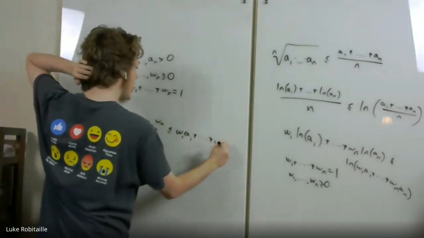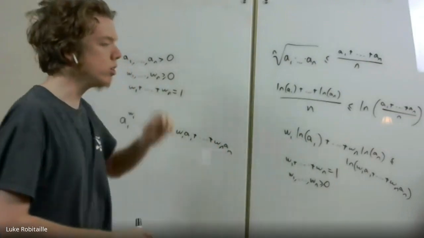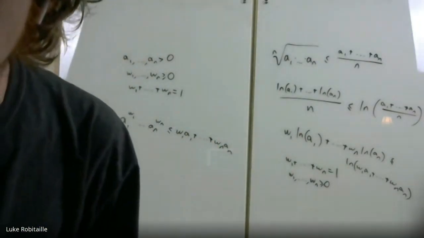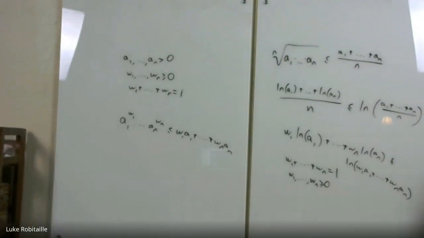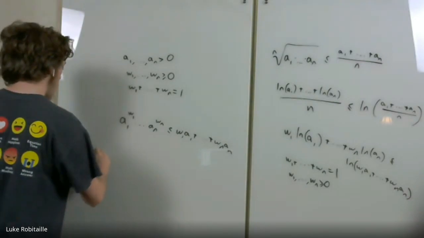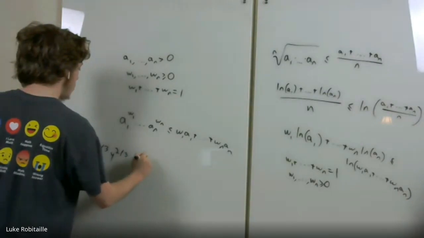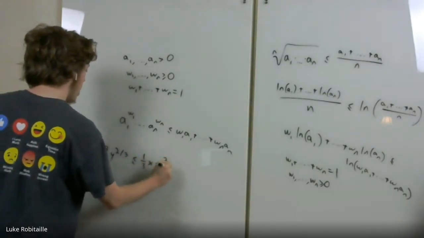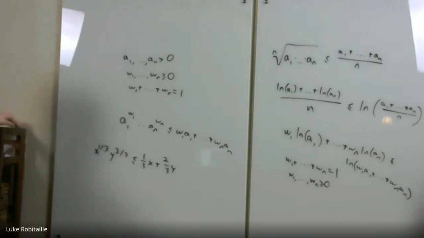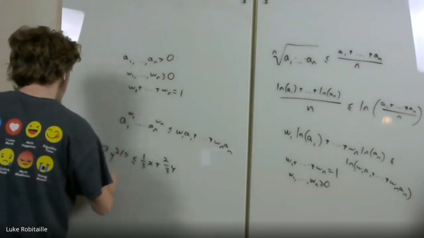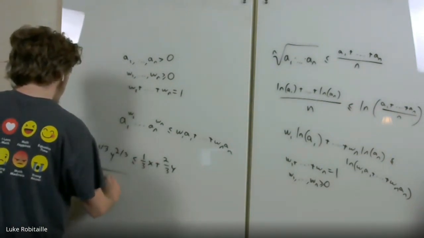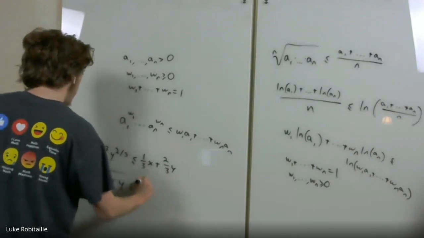And if the w's are all rational numbers, this is basically equivalent to the usual AM-GM, just with varying amounts of stuff. On two variables, if I wanted to say x to the 1/3 times y to the 2/3 is less than or equal to 1/3 x plus 2/3 y, you can think of this as the geometric mean of x, y, y being less than or equal to the arithmetic mean.